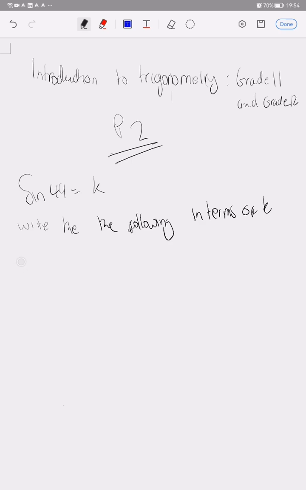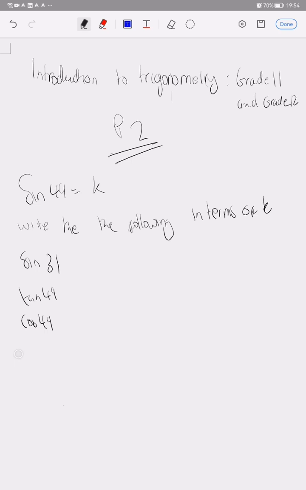It can be, let me see, sine 31. Yes, sine 31. Find tan 49, find cos 49.